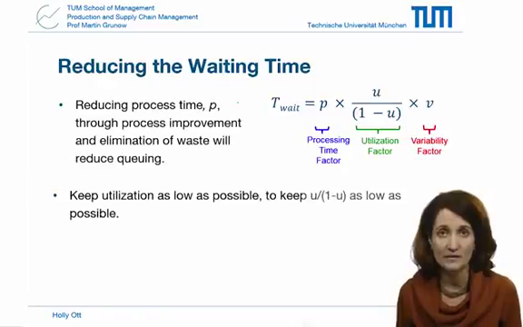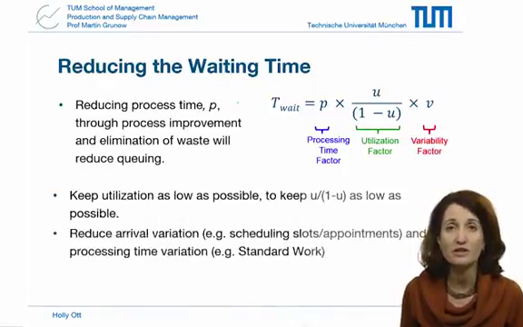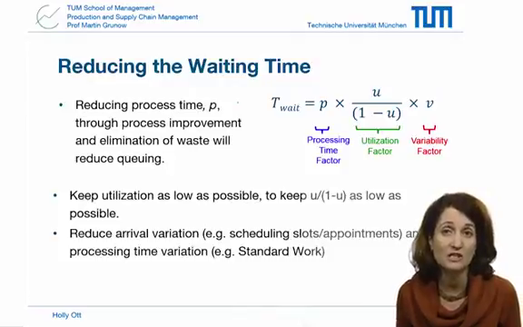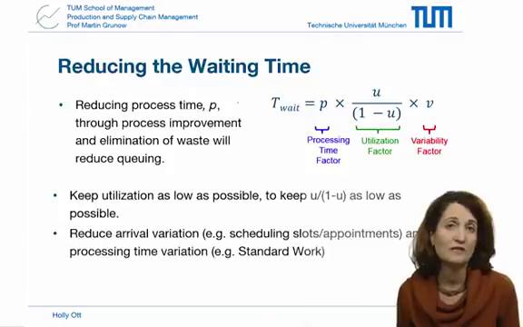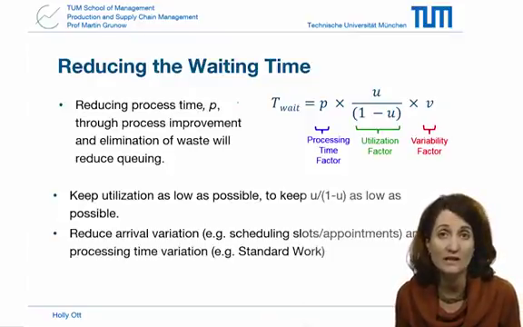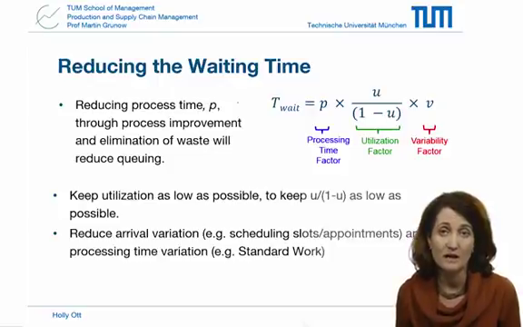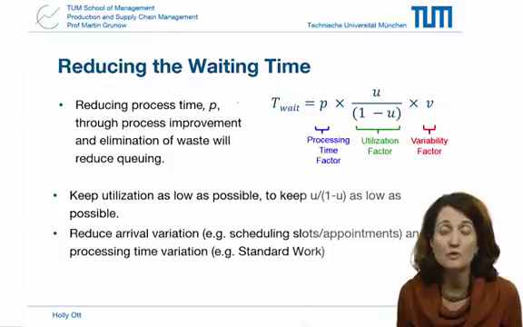Finally, you could reduce the arrival variation through perhaps scheduling slots or appointments, as you see in a doctor's office. For example, you reserve tables in a restaurant, or even now they're scheduling rides in amusement parks. You could also try to smooth the demand.